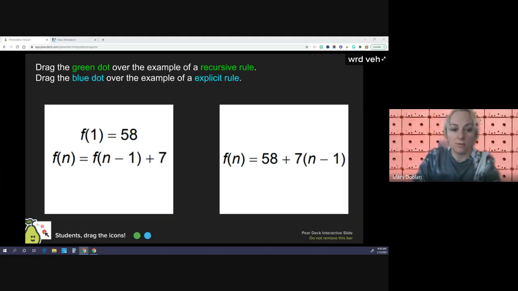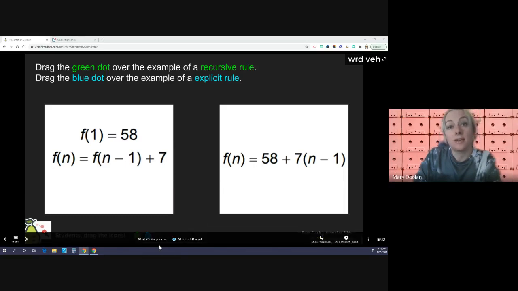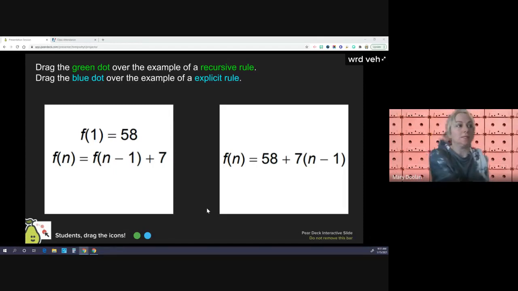You can go back and look at the definitions. I have 10 out of 20 responses, 11 out of 20, about 30 more seconds. Which one is recursive? Which one is explicit?